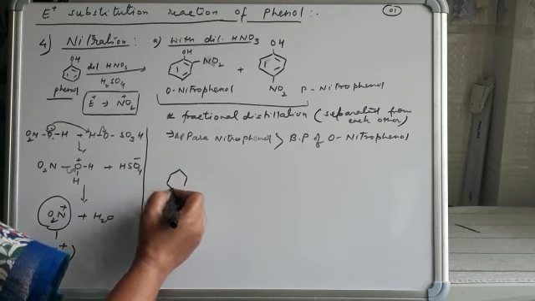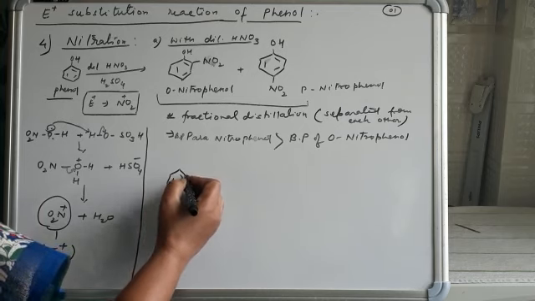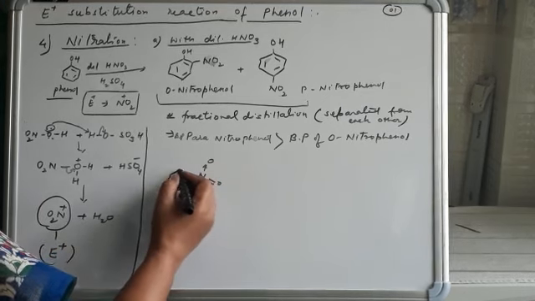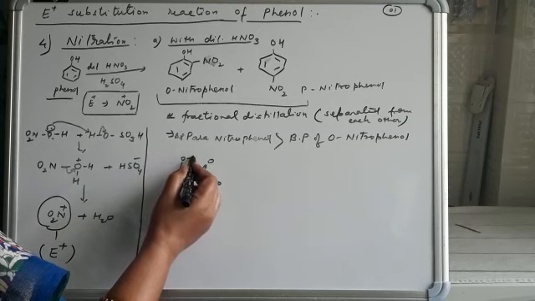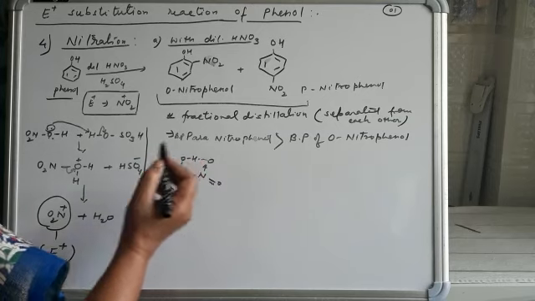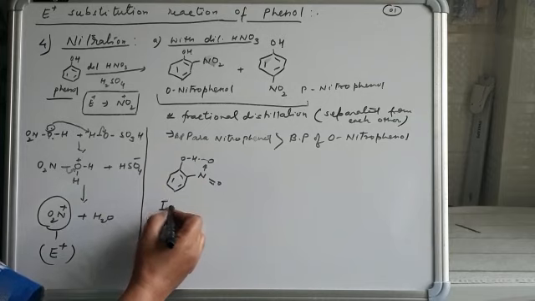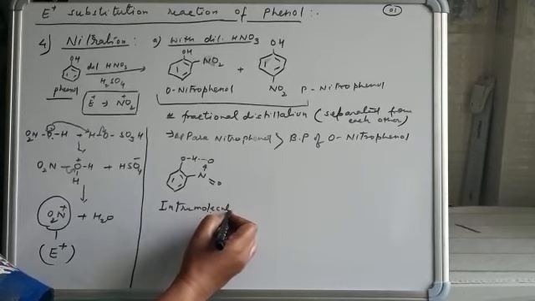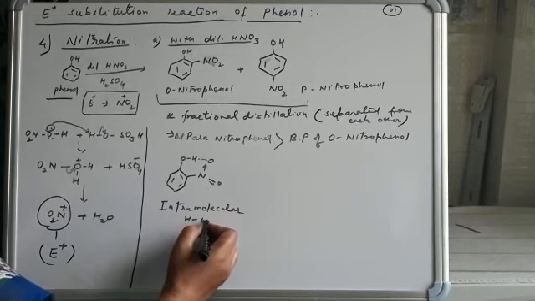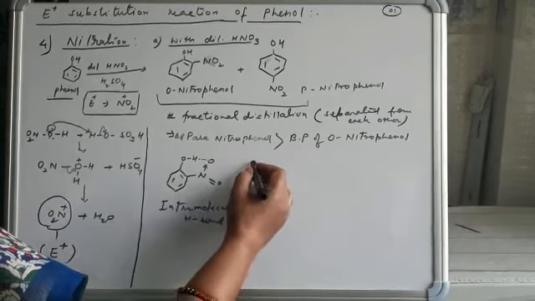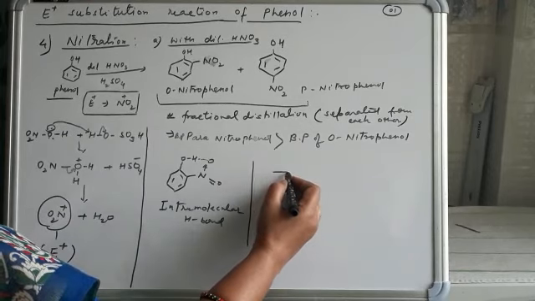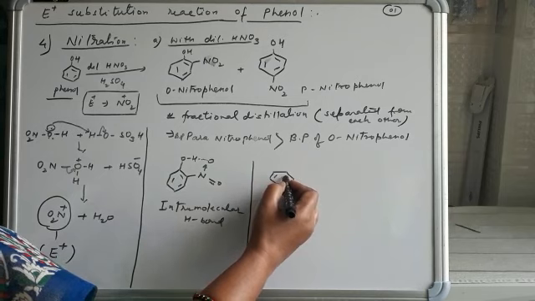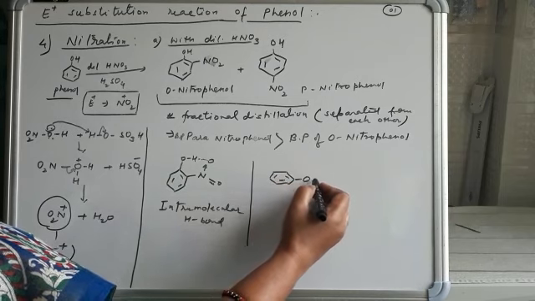In ortho-nitrophenol, as we know, an intramolecular H bond exists, and in para-nitrophenol there is association and the H bond forms between the molecules.